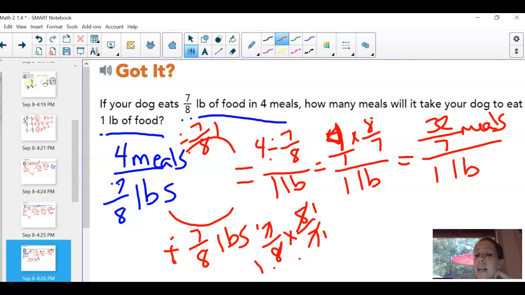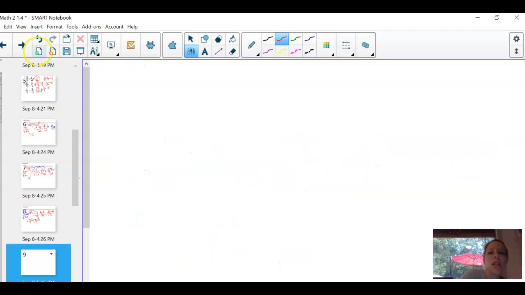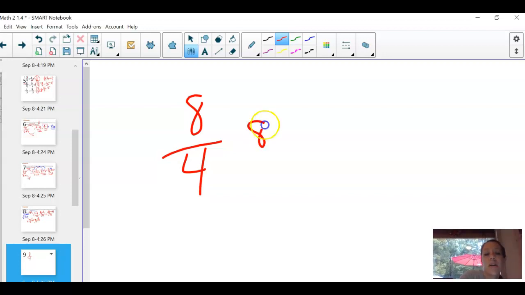Now I can divide that out to make more sense than 32/7 meals. It's like, what does that mean? So remember that a fraction is simply a division problem. So if I have something like 8/4, that's the same as 8 divided by 4, which would equal 2, right?